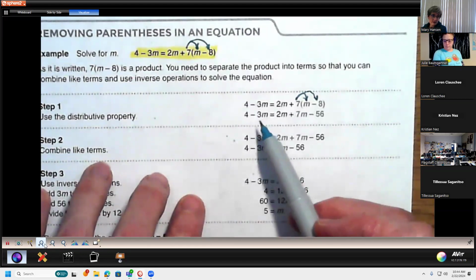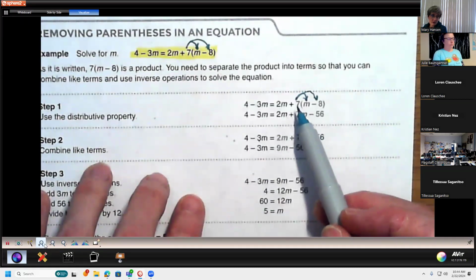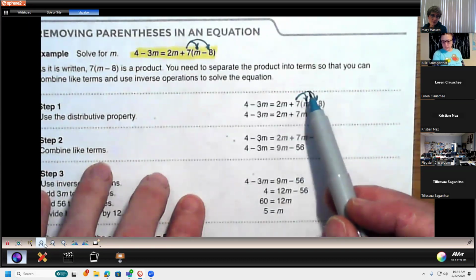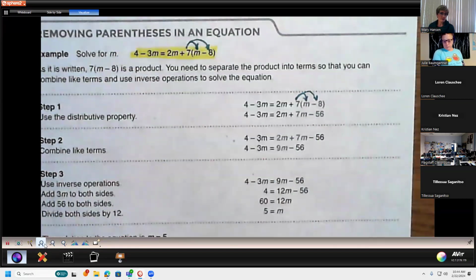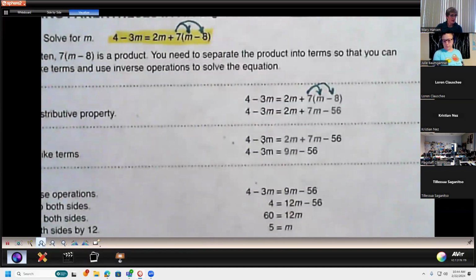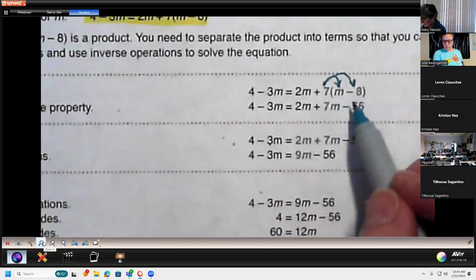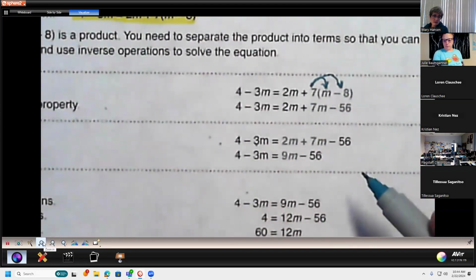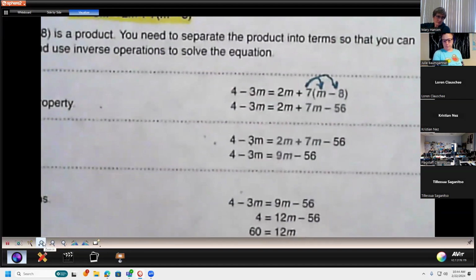And you can see that what they've done is that exact thing. They multiplied 7 times m to get 7m, and they multiplied 7 times 8 to get 56. Remember that distributive property, it doesn't matter if there's an add or subtract in the parentheses. It works the same.